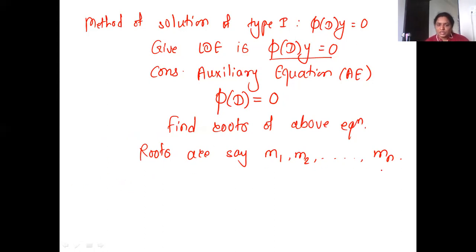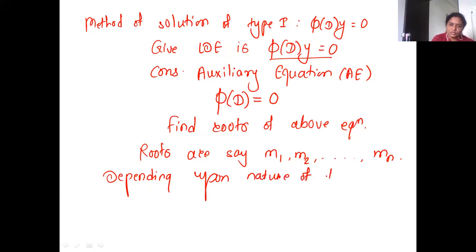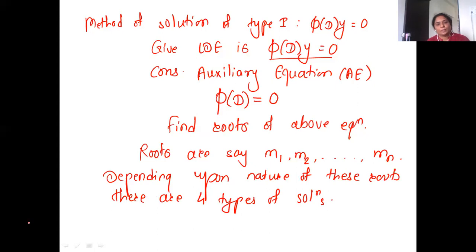So if these are the n roots, then depending upon the nature of these roots, there are 4 types of solutions. How to write the solution?